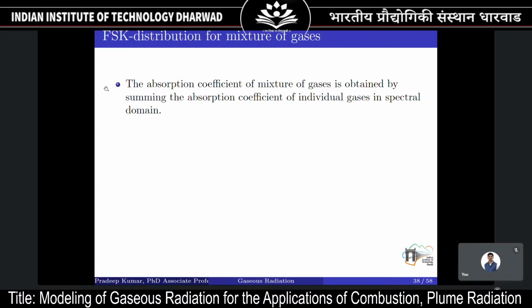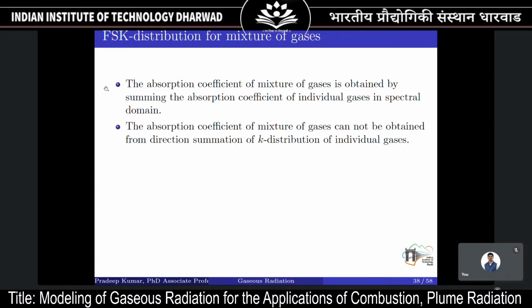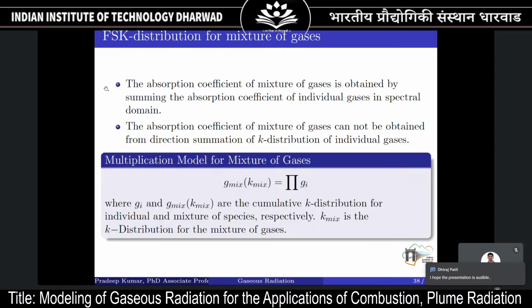Since the engineering problem has a mixture of gases, we encounter one more problem: the adjustment coefficient of a mixture of gases is obtained by summing the adjustment coefficients of the individual gases at each spectral location. Everyone agrees with that. But we cannot get it by summing the K distributions of individual gases in the transform domain. So we need to engage further models.